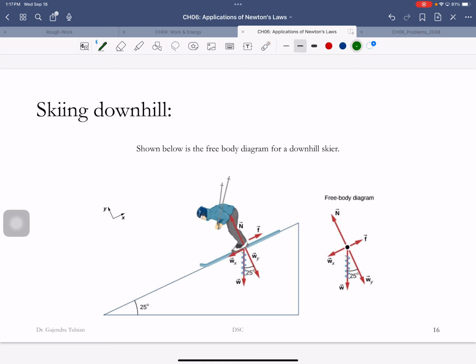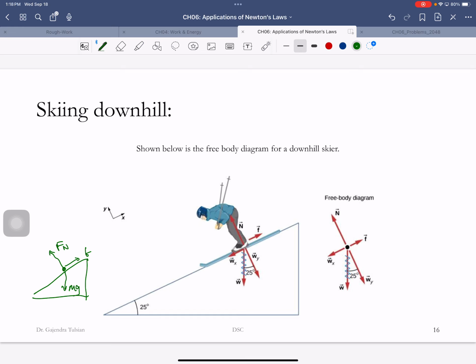So there are only really three forces acting on him, and we will represent him as a point object. Here's the force of gravity, mg. Here's the normal force. And there's the friction force. Again, right now we're ignoring drag forces because they're harder to deal with.